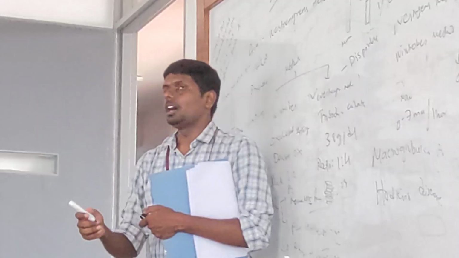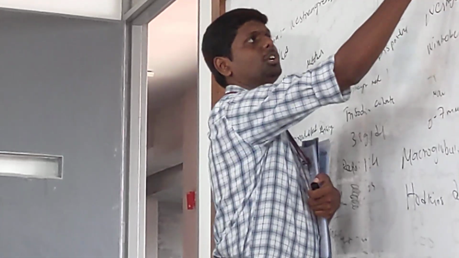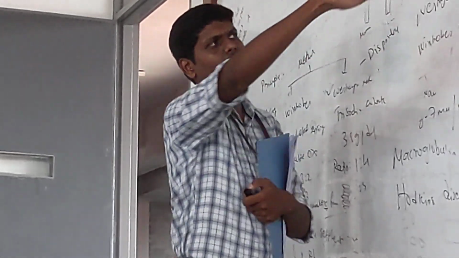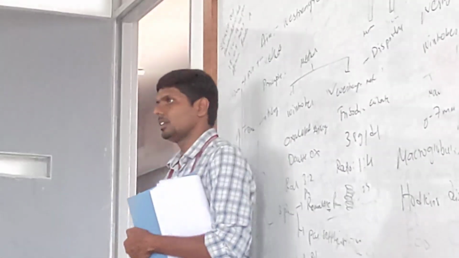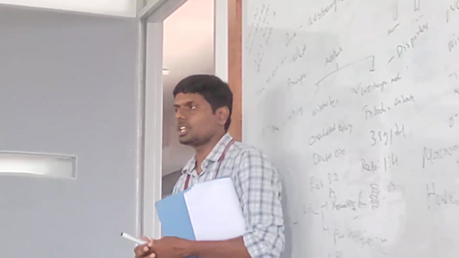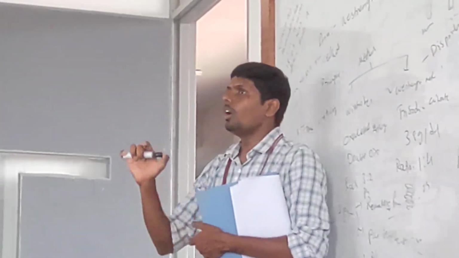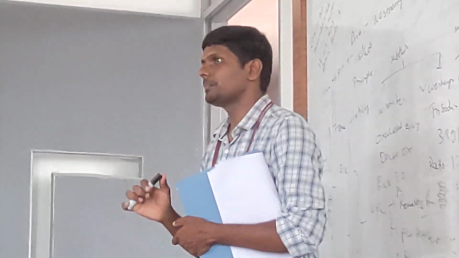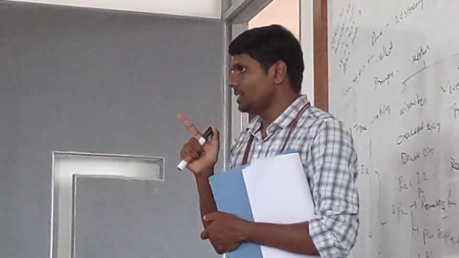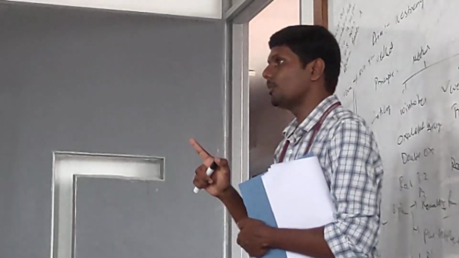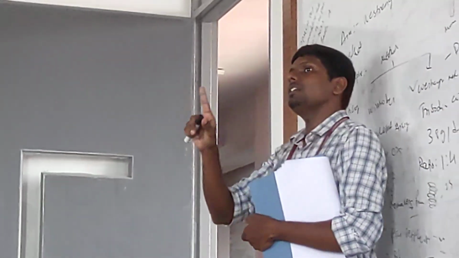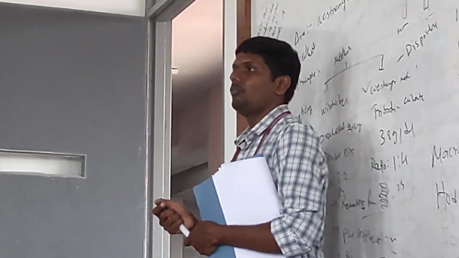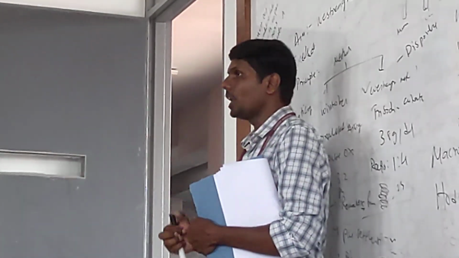Okay, so which tube is lengthy, Wintrobe's or Westergren's? Westergren's tube is 30 centimeters, it's a lengthy tube. And which tube has one side closed? Wintrobe's tube. Got it?